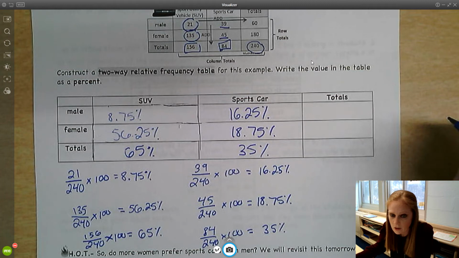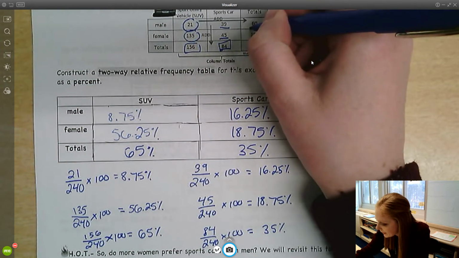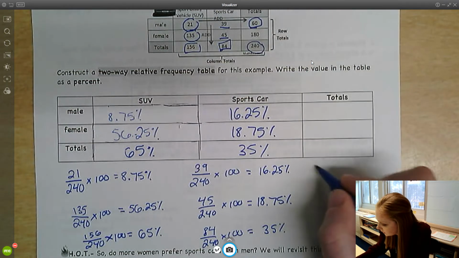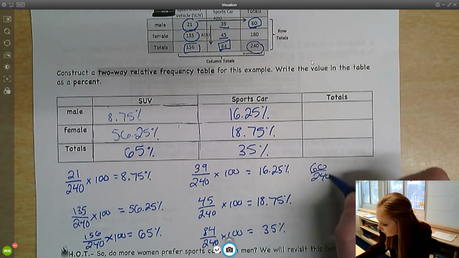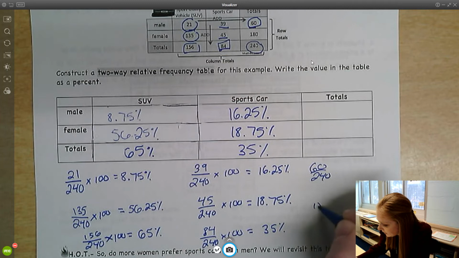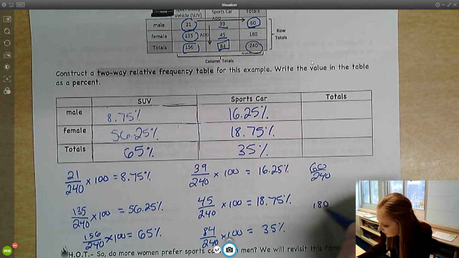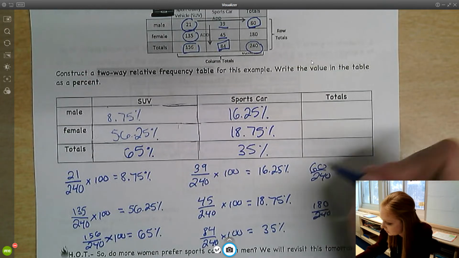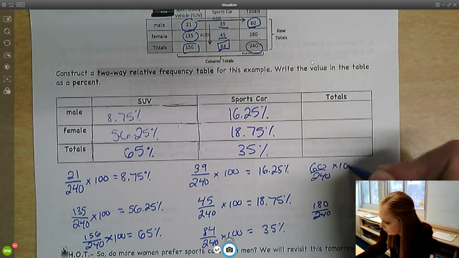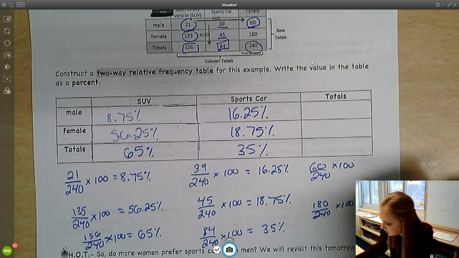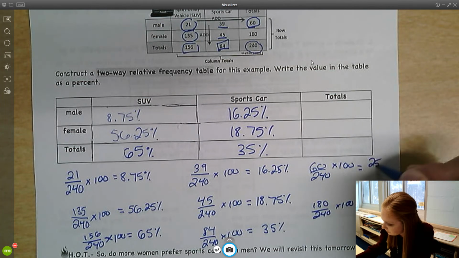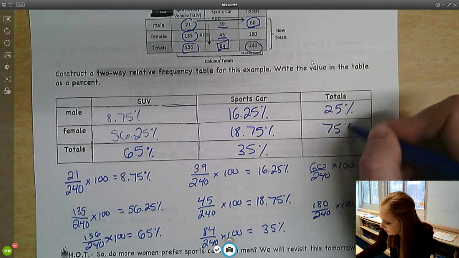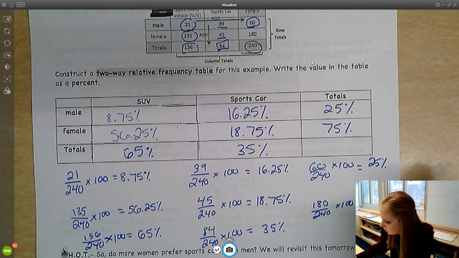All right, now to figure out our other totals, the total number of males, well, there were 60 males total that were surveyed out of 240. And then for females, there were 180 females surveyed out of the 240. Multiply both of these by 100. 25% of the people surveyed were males, and 75% were females.